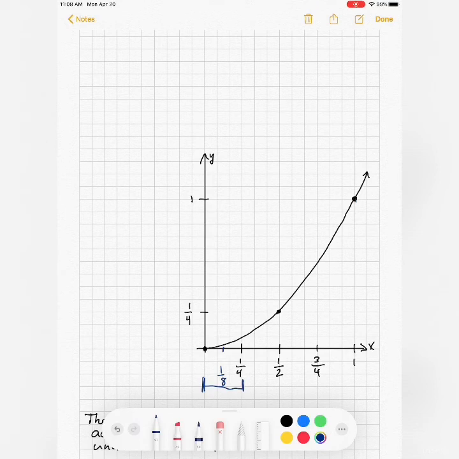Then the next one, I'd have 1/8, 2/8 is a quarter, 3/8, then 4/8 is a half, 5/8, 6/8 is 3/4, 7/8. If I take the midpoint of that interval and use that to draw my rectangle, then this is going to be the height of that rectangle. So the rectangle would look like this.